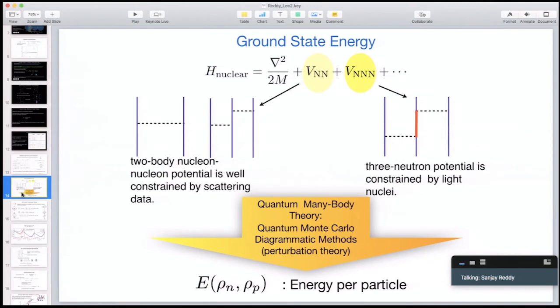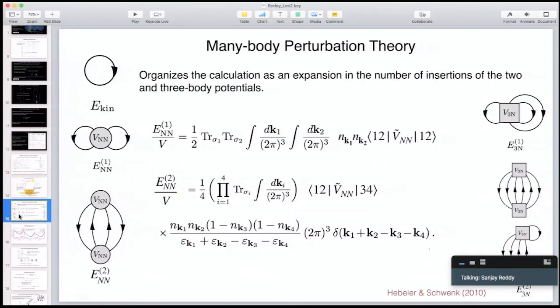So give me a Hamiltonian, and I have to specify a method by which I calculate physical observables like energies, pressures, etc. Typically what people have been doing in this field, broadly speaking, is to use two methods. One is a computational method called quantum Monte Carlo, and that I'll describe in a moment. And the other is called diagrammatic methods, which are based in some form of perturbation theory.